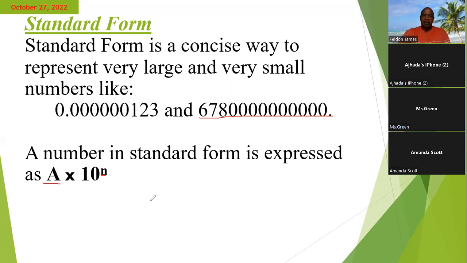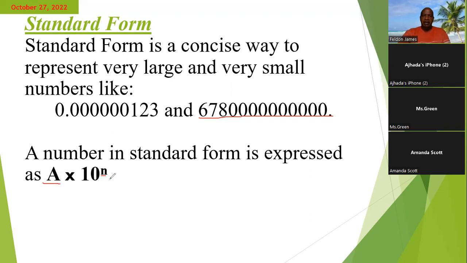Now, A can also be a decimal value, but it just has to obey the rule that it has to be less than 10, from 1 to, say, 9 point something. Those values can represent A, all right?